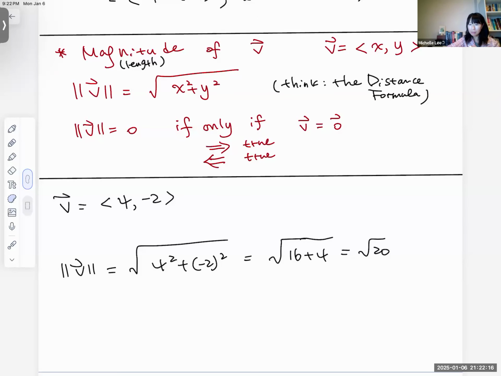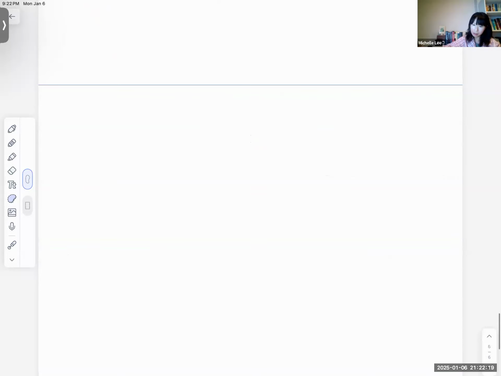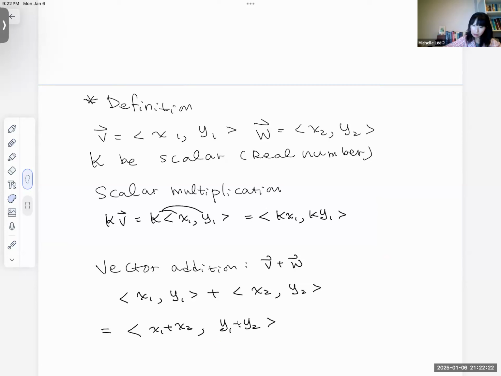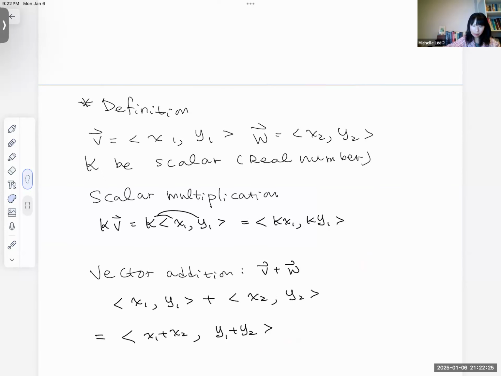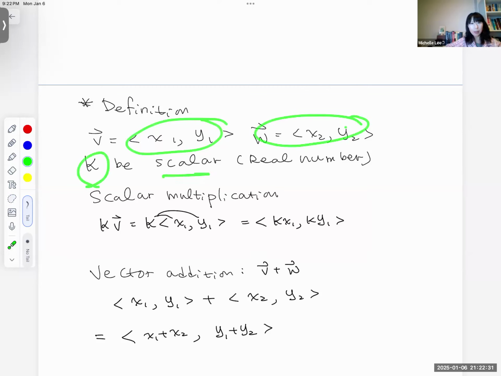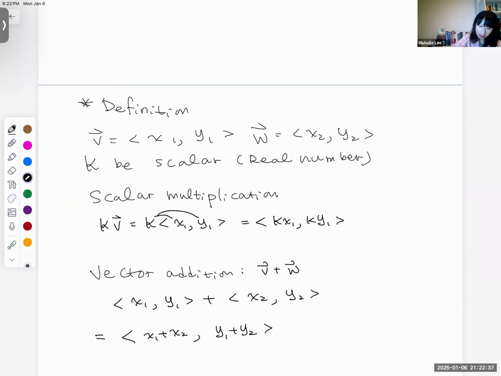Now we have some definitions. Vector v has component notation, right? And k is the scalar. Scalar means any real number. So we have scalar multiplication: k is a scalar, we multiply it with vector v, and then we distribute, so we get the components kx sub 1 and ky sub 2, right?